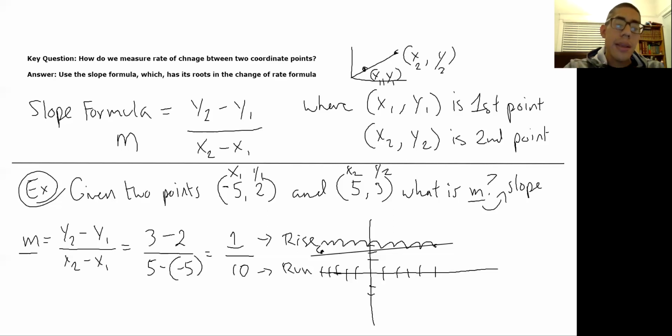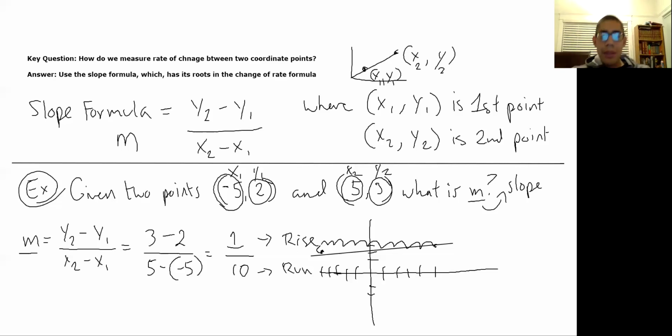So in this case, my y2 is 3, right here. So I put 3 on top, minus my y1, which is 2, I put 2. Then I put my fraction. Then I put my x2, which is positive 5, minus, and here I have a negative, right?